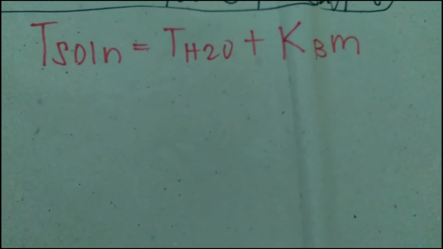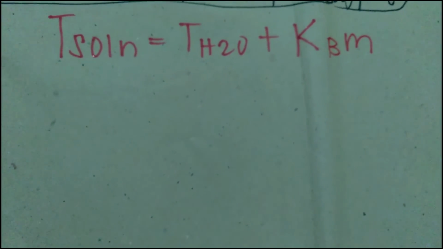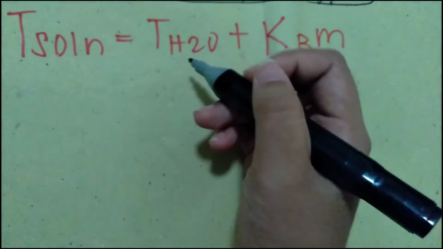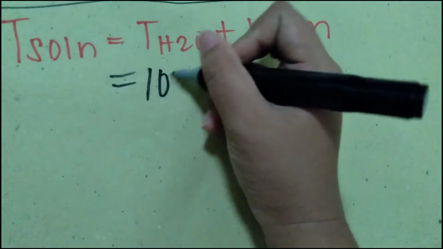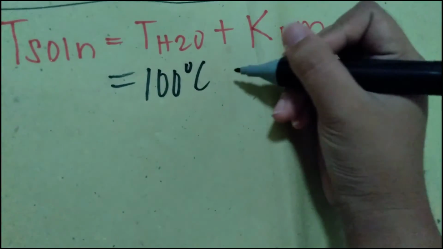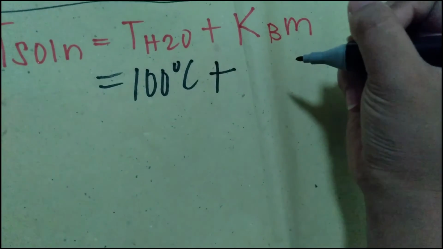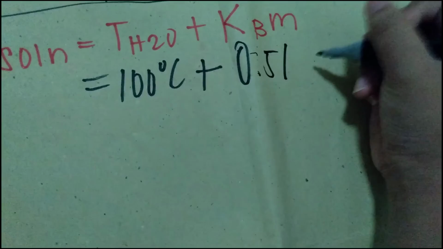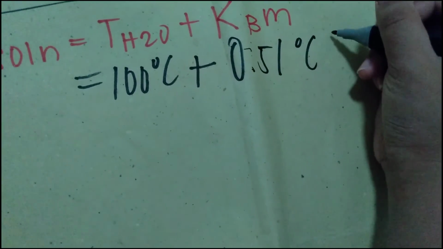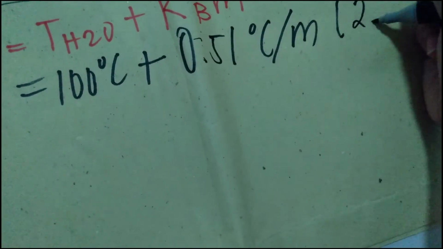So we have the missing molality of the solution, and let's input the given numbers to the formula. So here is the boiling point of water. The boiling point of water is 100 degrees Celsius plus the molal boiling point elevation constant, 0.51 degrees Celsius per molal, times the molality of the solution, 2.5.